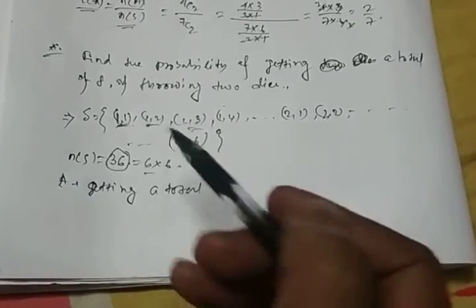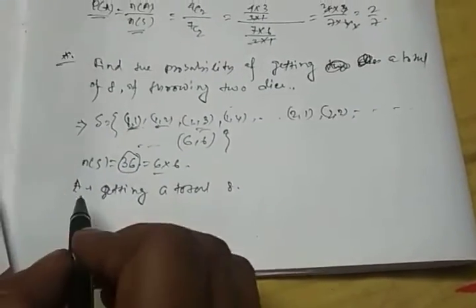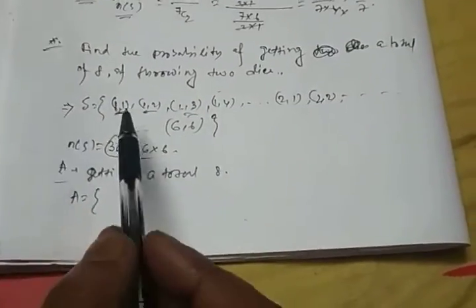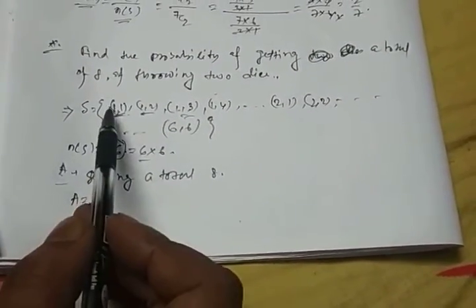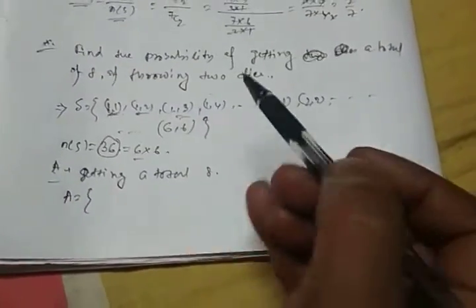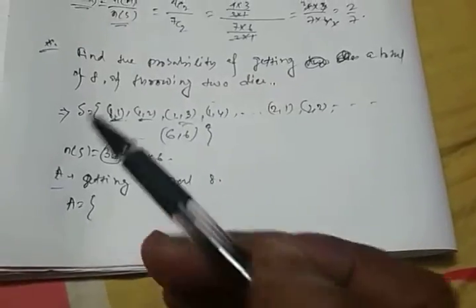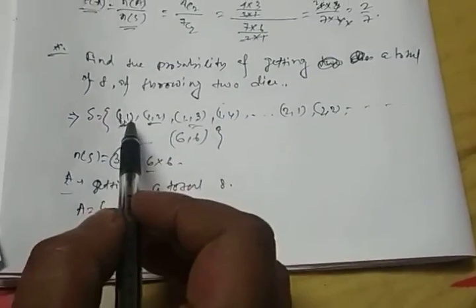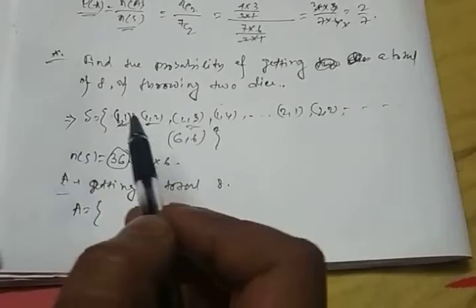So how many outcomes will be there favorable to the event A? Let's check the first die. If first die is 1, there will be no point in the second die for which the sum will be 8, right? So when first die is 1, there is no point.